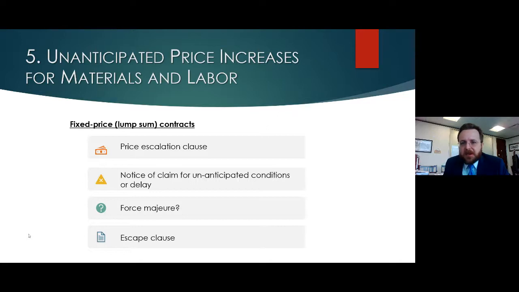It's a type of termination for convenience provision, but it spells out that you can only terminate for convenience in the event that prices get too high, and you would need to spell out what that means. Is that your material prices increase by 50%, and if so, you can terminate.